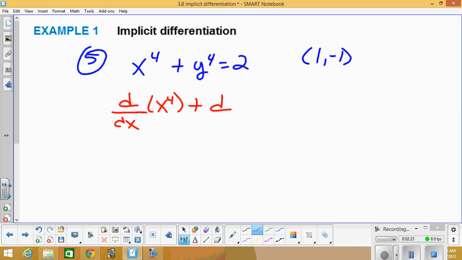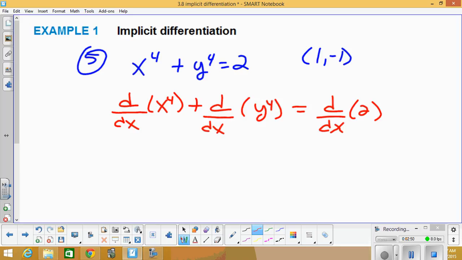So they're saying, okay, d of the function x to the fourth with respect to x, and then the derivative of the function y to the fourth with respect to x. And on the right-hand side, the constant 2, so the derivative of 2 with respect to x. Then the book says, well, wait a minute.